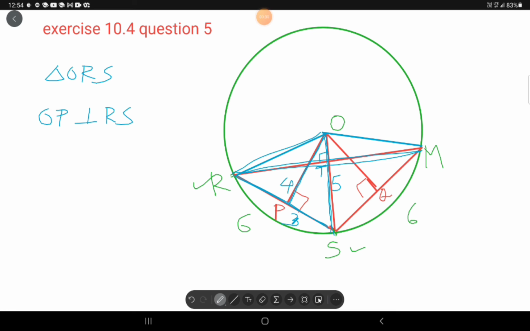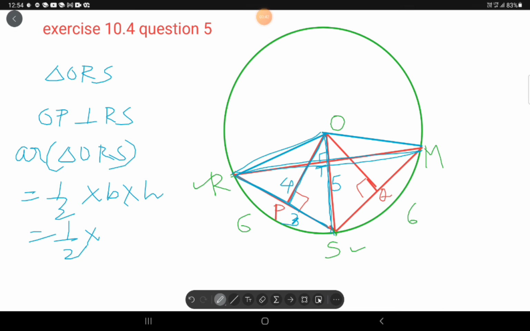Now what is its area? Area of the triangle ORS is equal to half base into height. Half base means RS, RS is of length 6 cm, so half into 6 into height, which is 4. That is 24 by 2, or 12 centimeter square.